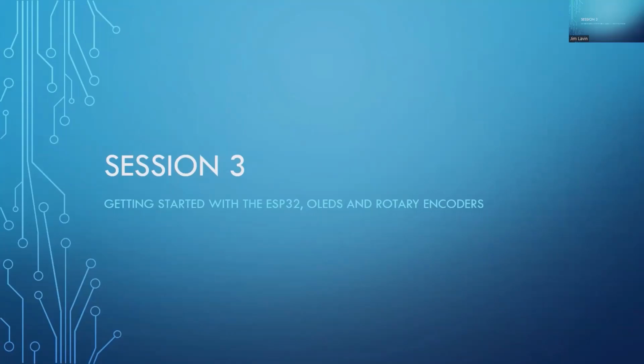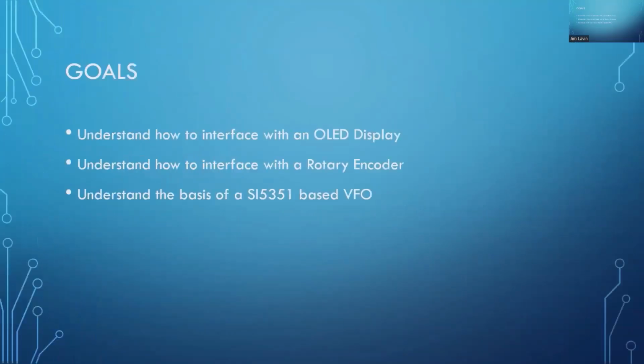The first thing we're going to do is start out with a review of our goals. Our goals are how to interface with an OLED display, how to hook it up, what libraries to use, and then how to send. We're only going to deal with text.